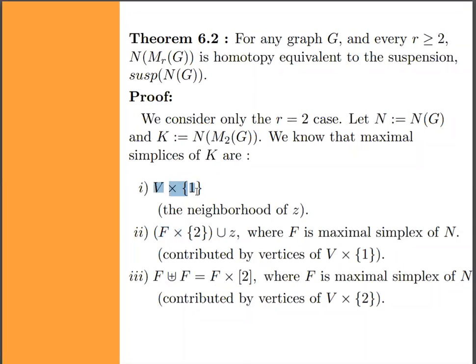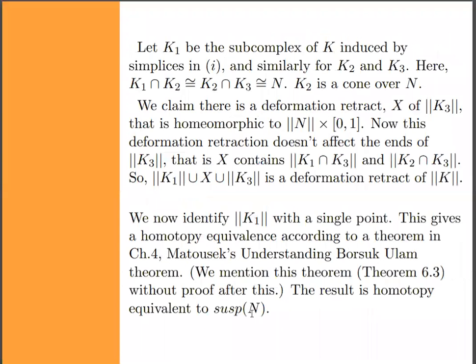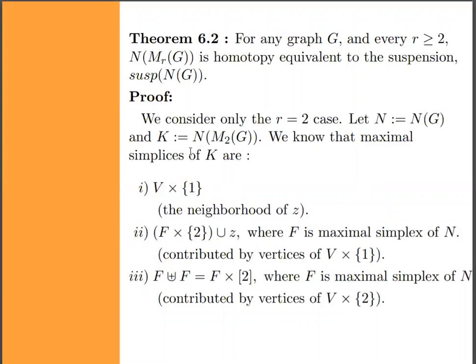This looks like a simplex. This looks like a cone over N, and this F disjoint F, where F is a maximal simplex of N. This is the middle part. So what I do is I construct a deformation retract of K.